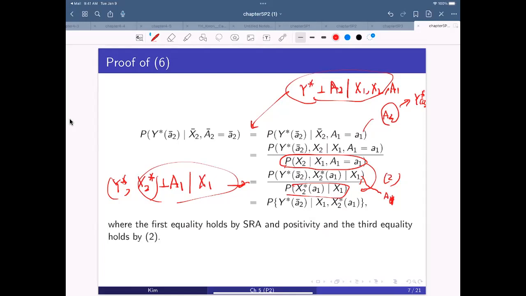But intuitively, if you just start from here to here, you might ask whether this is really true. But the answer is actually yes, because of these steps. Under the sequential ignorability, conditioning on this one is exactly equal to conditioning on this one for y star.